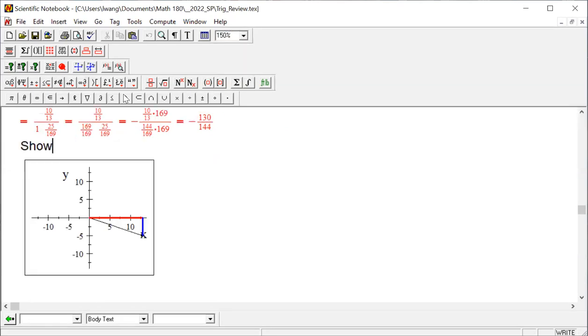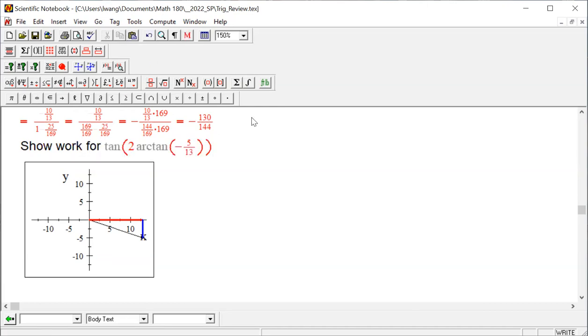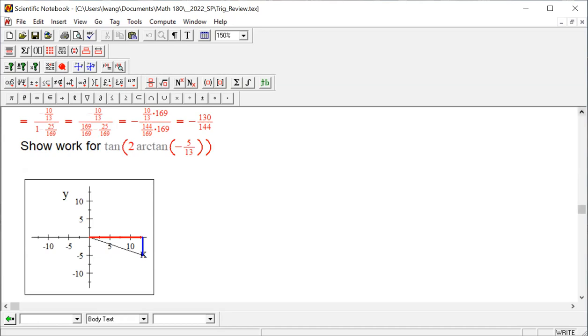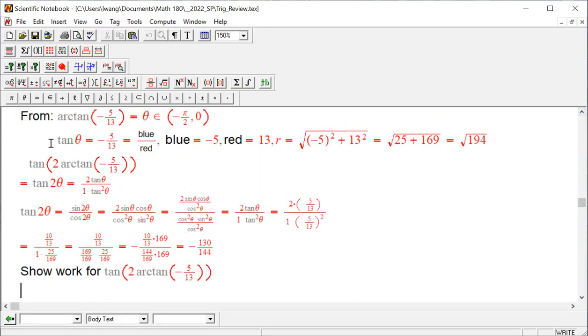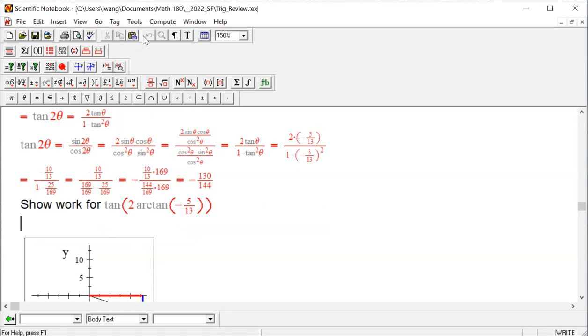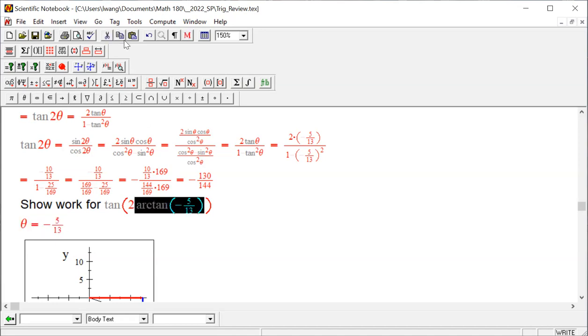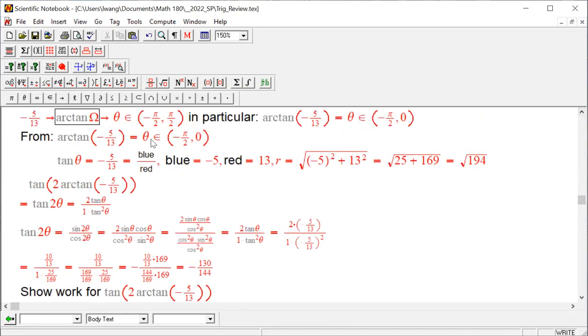First we assume this piece equals theta. And of course we know theta is going to be in the first quadrant.